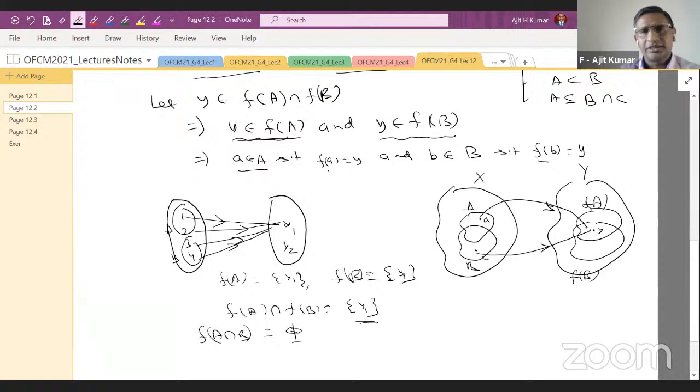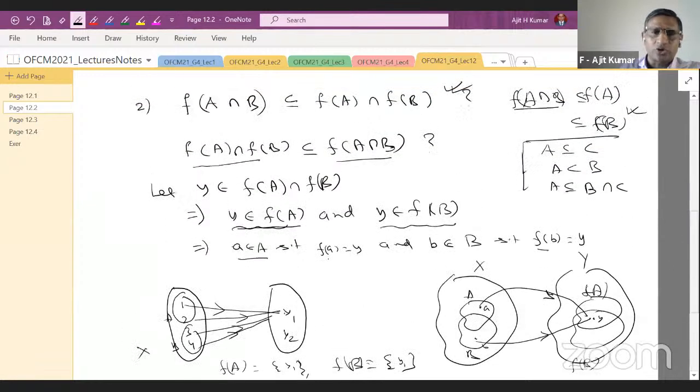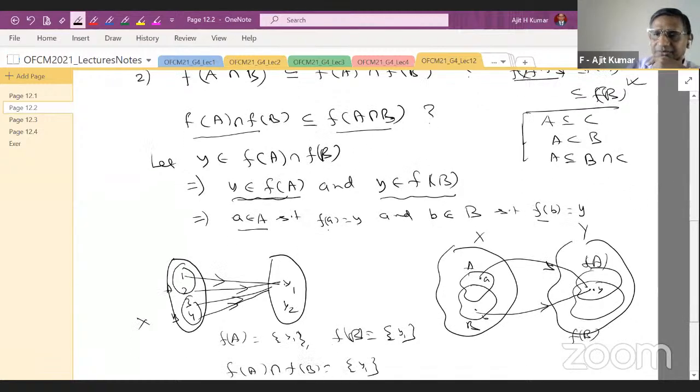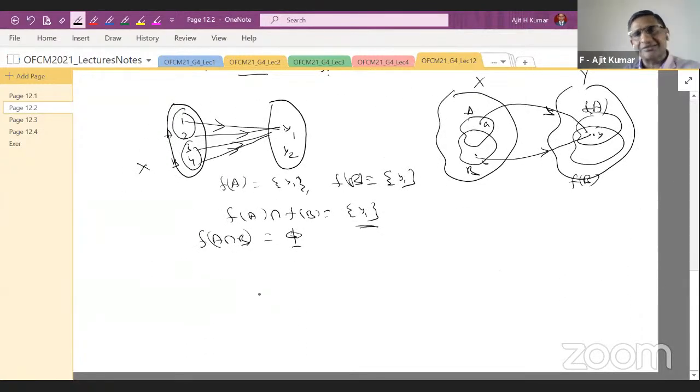So this is an example where you have two subsets A and B and a function, in this case a constant function, of course with at least two elements, such that f of A intersection f of B is not a subset of f of A intersection B. But what we observe is that if we impose the condition that f is 1-1, then this is true.